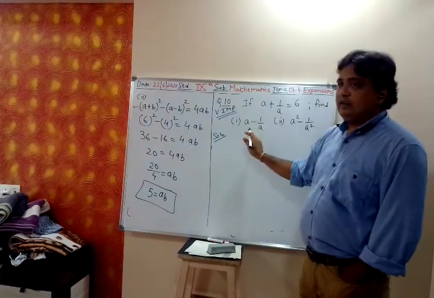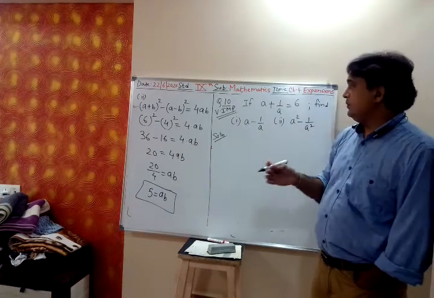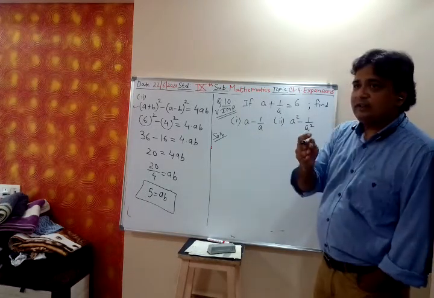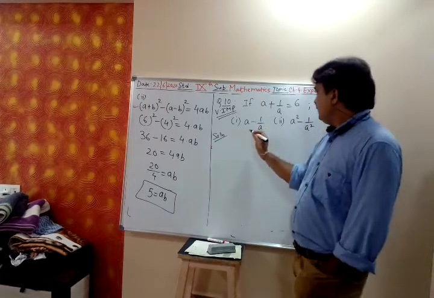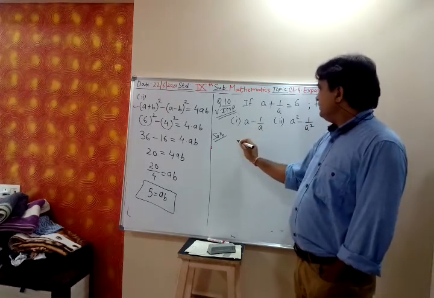Now in this I cannot use that direct formula, because neither are we given a square plus b square, nor are we given ab. So what I will do, I will simplify this.